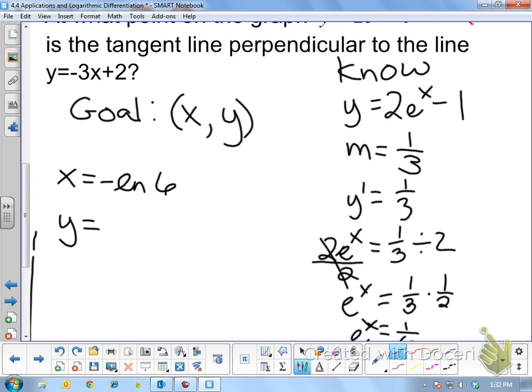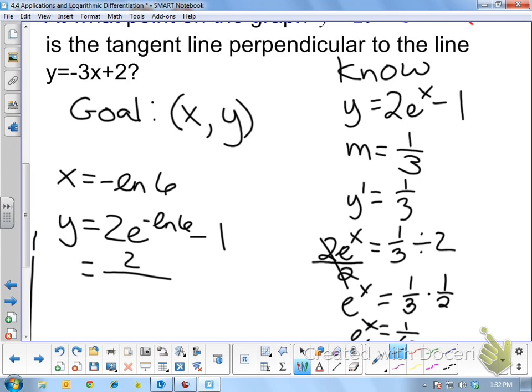So we take y equals 2e to the negative ln 6 minus 1. Now I can't cancel e to the negative ln. That negative makes it different. But what can I do with a negative exponent? If that was negative 6 without the ln, what would we do? Move it to the bottom.